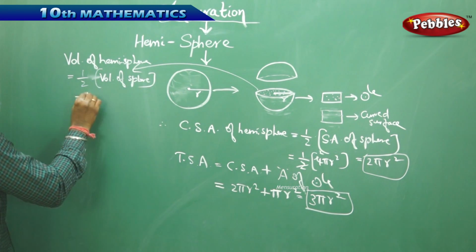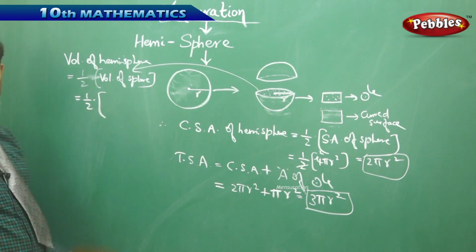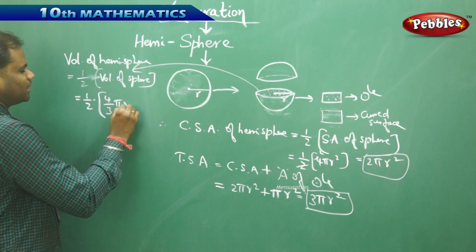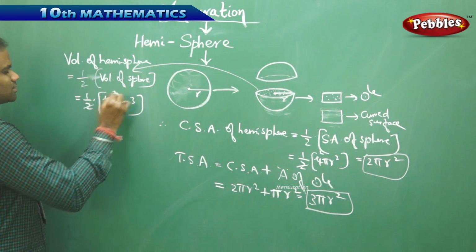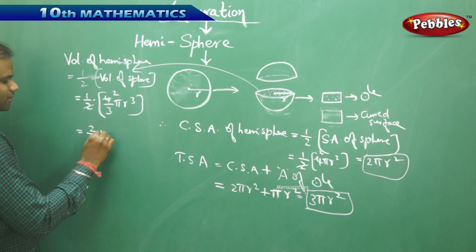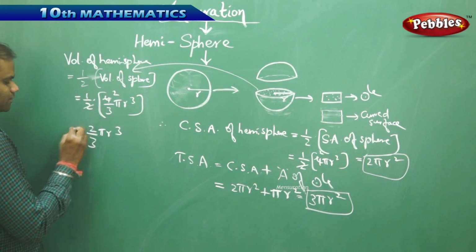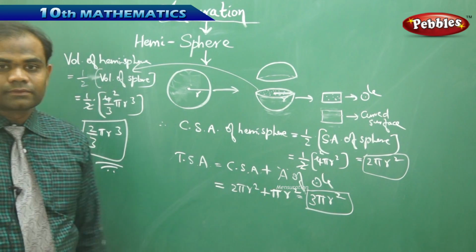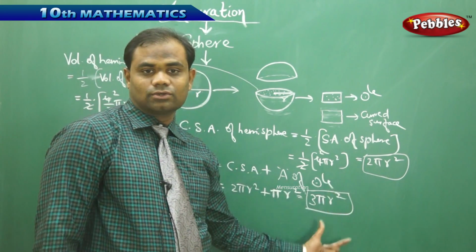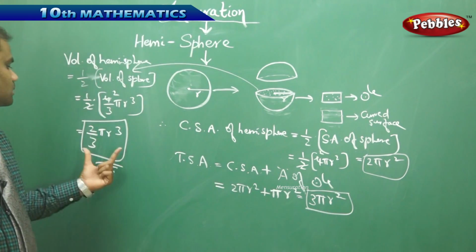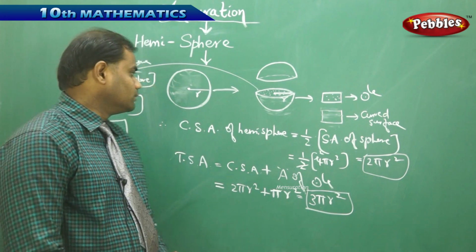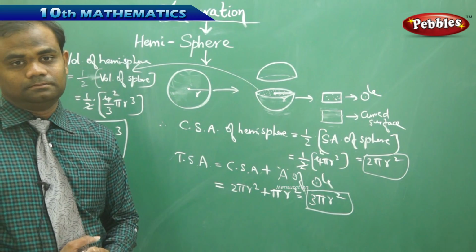The volume of sphere is already identified to be 4 by 3 pi r cube, which on simplification gives 2 by 3 pi r cube, which is the volume of hemisphere. That is how we understand the curved surface area, the total surface area, and the volume of the hemisphere.